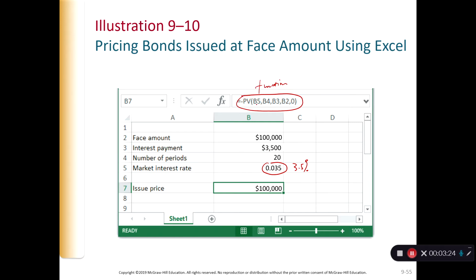You put the market interest rate first, then the number of periods, and the payment amount, and then the future value of the principal amount, or the face value, for 100,000. Therefore, you can calculate the issuance price.